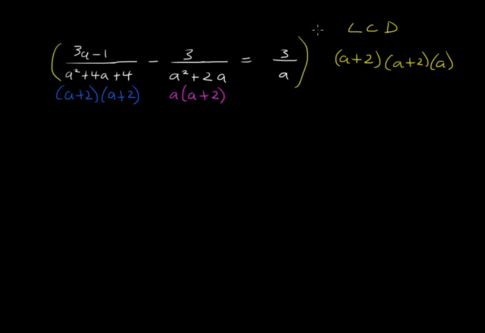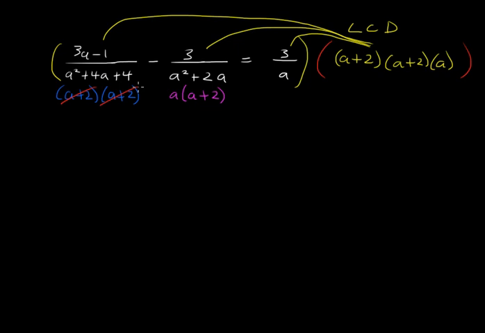So every single one of these rational expressions will be multiplied by this LCD. When we do that, both of these a plus 2 factors will cancel out with the a plus 2 in the LCD that we're multiplying by.